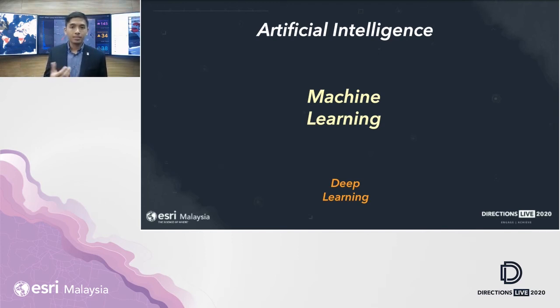The third one is deep learning. Deep learning is how the machines compute using their own artificial neural networks, and from there they make their own decisions. For example, you give a certain input and the machine learns from it, and learns what indicators allow certain features to be recognized.